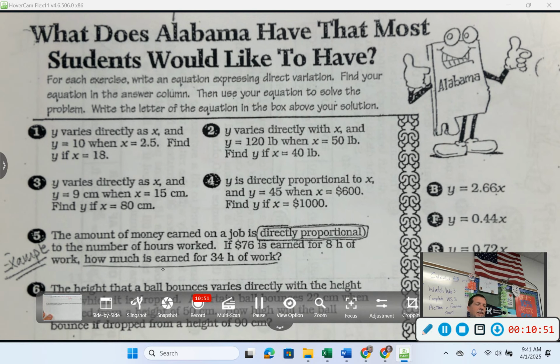Number 5. The amount of money earned on a job is directly proportional to the number of hours worked. If 76 is earned for 8 hours, 76 divided by 8 is 9.5, $9.50 per hour.